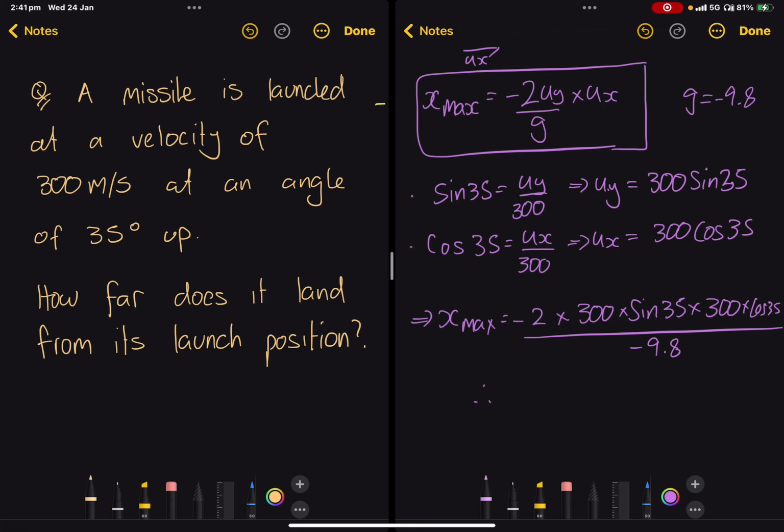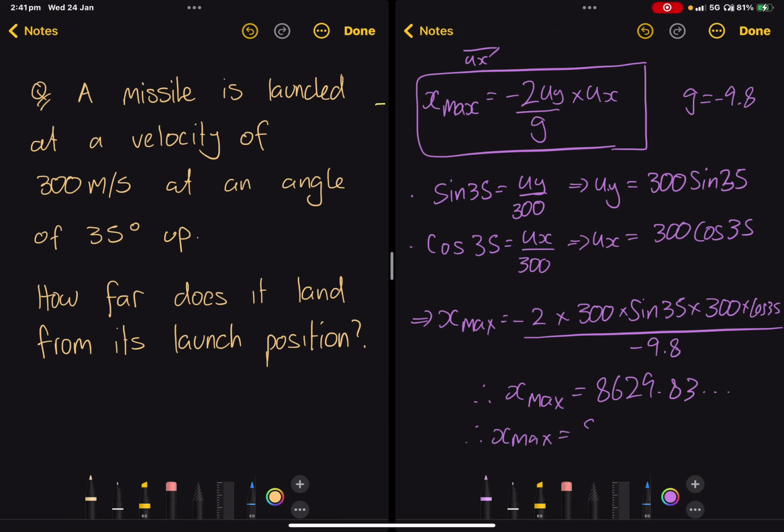Minus 2 times 300 times sine of 35 times 300 times cosine of 35, all divided by minus 9.8. This gives me x max is equal to 8629.83 dot dot dot.